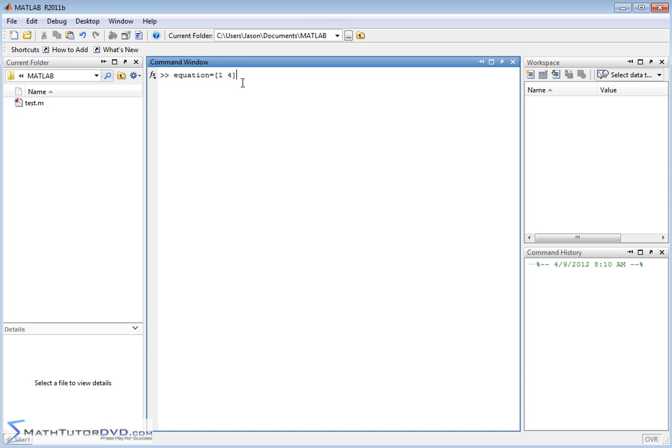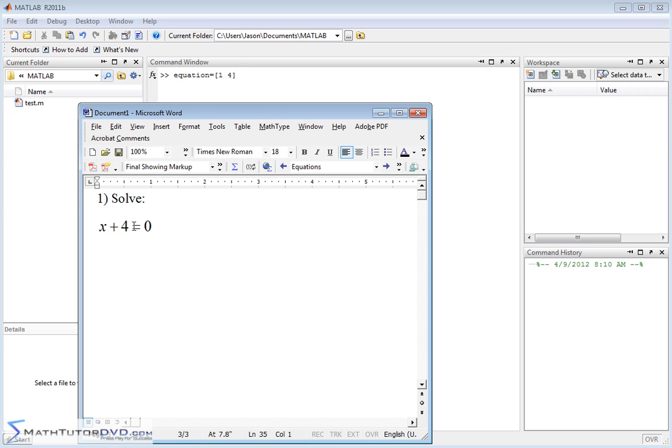These coefficients are the only thing needed to identify this equation to Matlab, because remember, we're not doing symbolic math right now. We're still using the numeric capabilities of Matlab. So you represent this equation by its coefficients on the left-hand side: 1x, that's why we have the 1 here, plus 4, that's why we have the 4 here. These are the coefficients of the left-hand side in descending order.